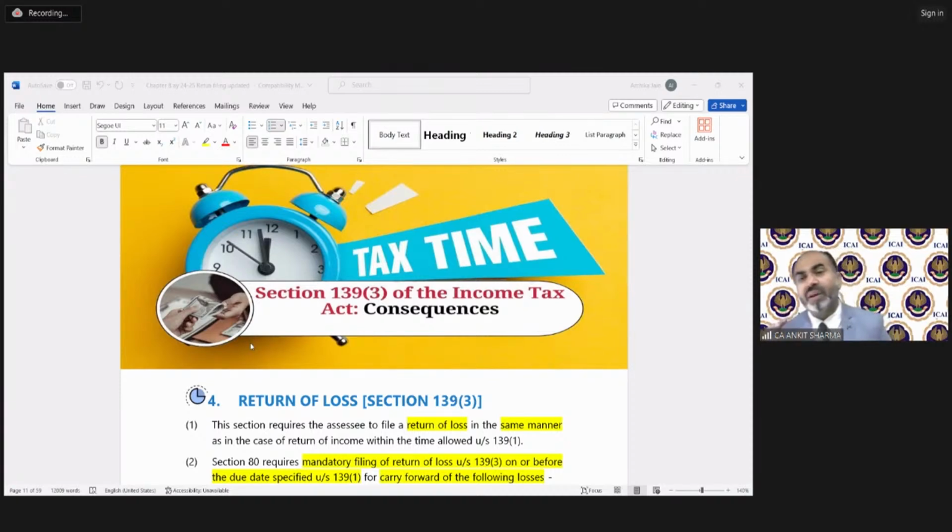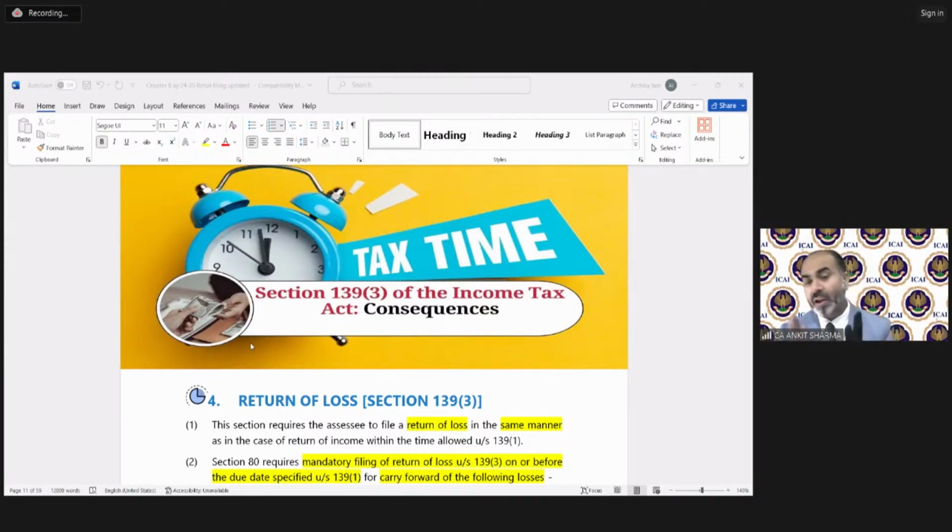So if you incurred any loss and you are not able to set off that loss in the previous year, then you can carry forward that loss. And to carry forward that loss, you have to file your income tax return on due date. Please listen carefully.